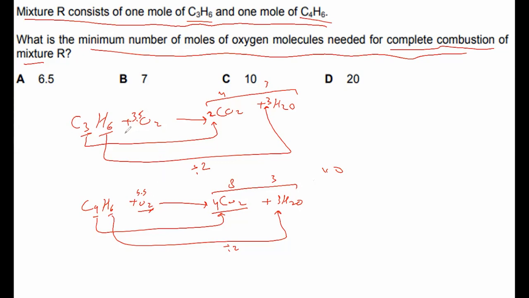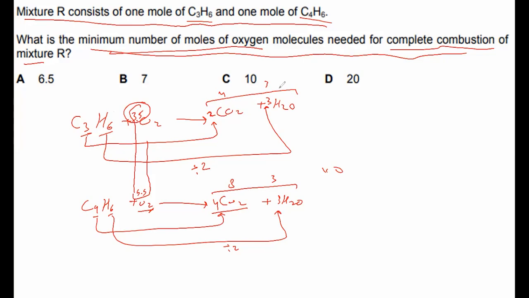They need the number of moles of oxygen. So we say 5.5 plus 3.5. But just one second, we got a mistake in this one.